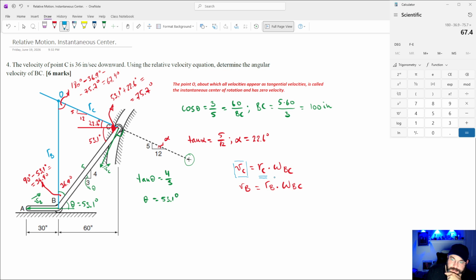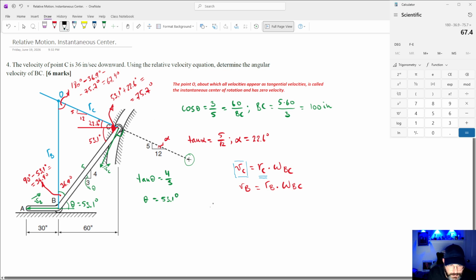If we also need to calculate the absolute velocity of b, we can substitute that angular velocity, which we calculate from this equation, into this equation after we calculate our radius b, and we can also calculate velocity of b if we need to. Okay, so this is good. So let's calculate our RC, because that's what we need.